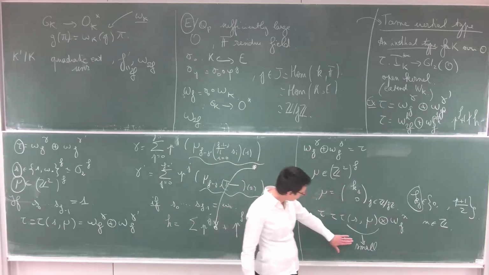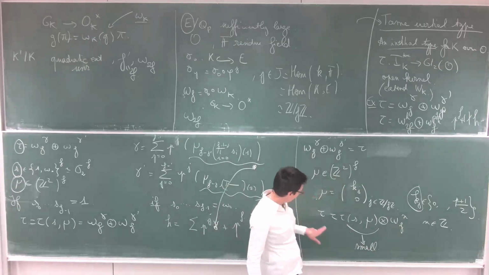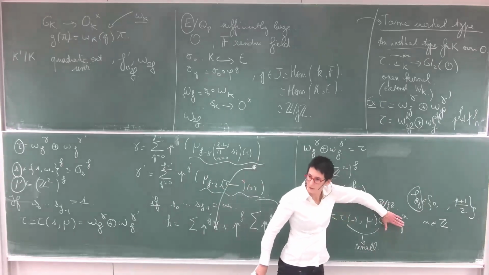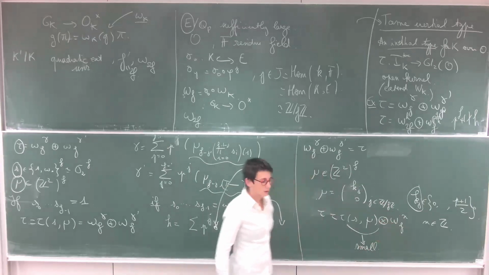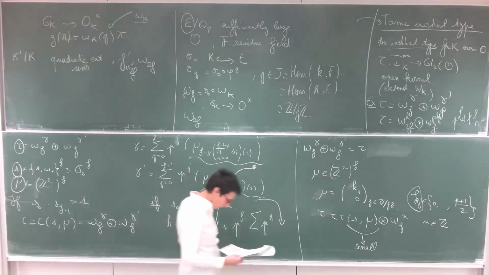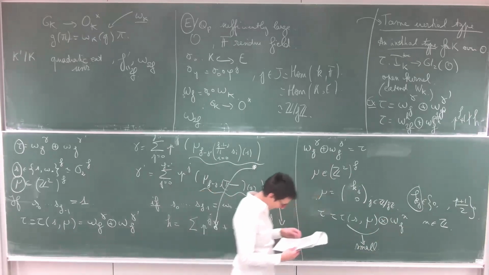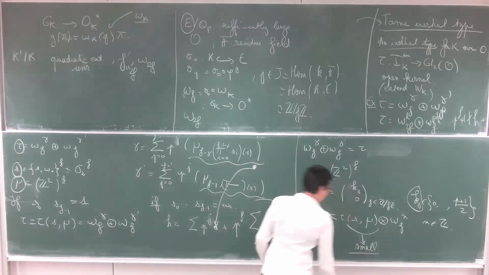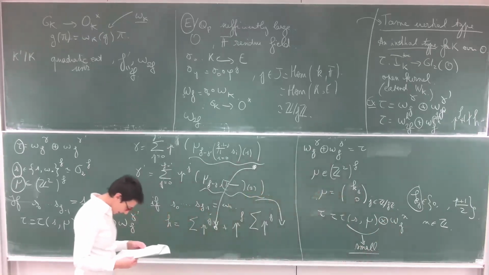So from now on, I will assume that my tau is small. Okay, and I forgot this term, which does not play a central role, in fact. So from now on, I will assume that my inertia type is small.